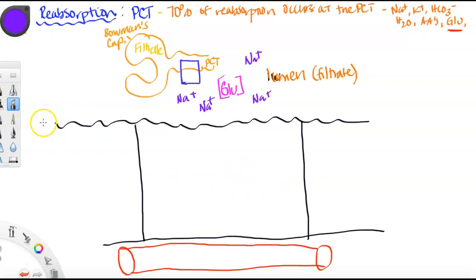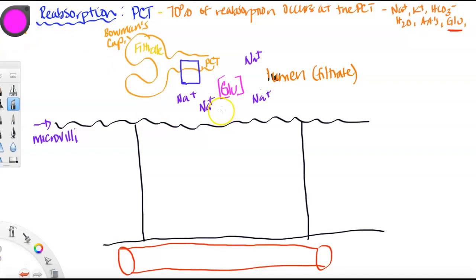And you may not realize this, but these cells do have microvilli in this tube because we need to reabsorb 70% of what we just filtrated out. So we need to have as much surface area on the luminal side of the cell as possible.